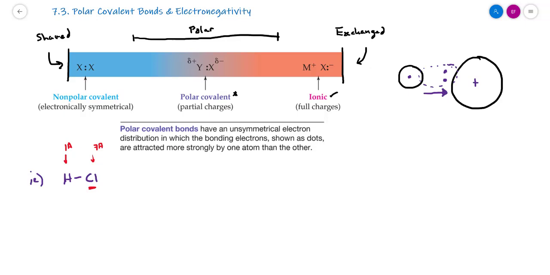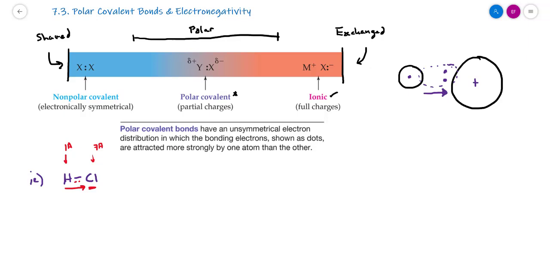So even though these are two nonmetals forming a covalent bond, this electron pair that's being shared between them is actually going to lie more strongly towards the chlorine atom, so that it approximates more of an ionic compound. Even though it's not fully donated, it's heavily lying towards the chlorine. And we use this nomenclature when we're talking about polar compounds like this.